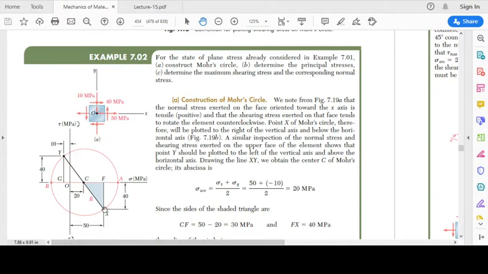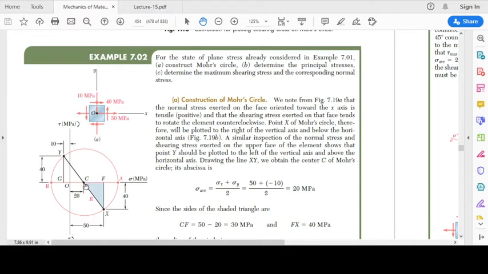So we plot point x, which will have the coordinates 50 and minus 40, and point y is going to have the coordinates minus 10, which is the value of sigma y, and plus 40, which is tau xy. So we plot these 2 points.